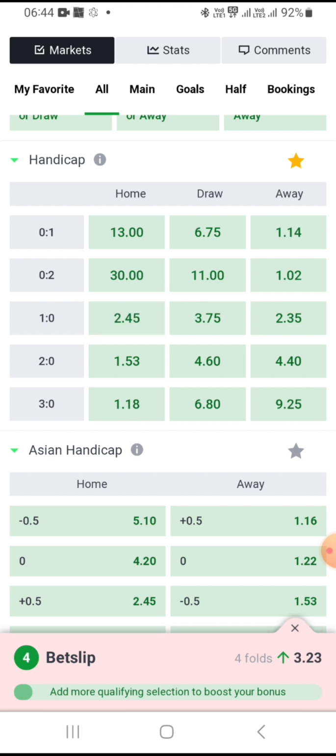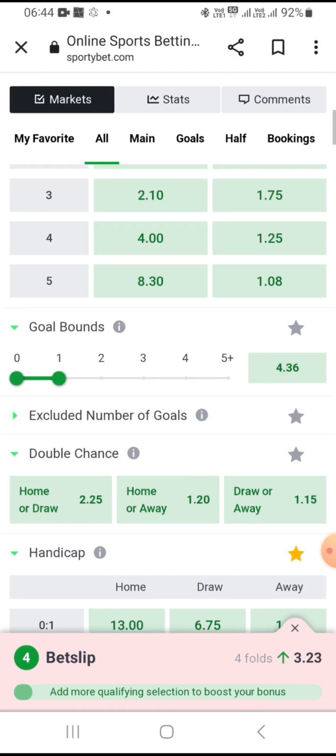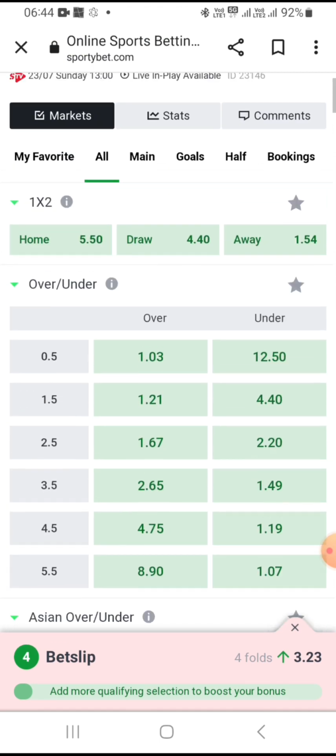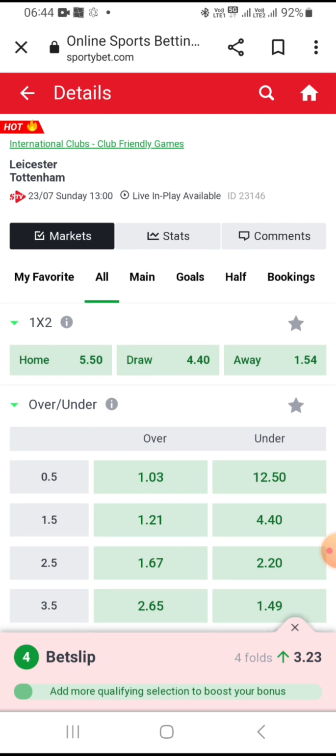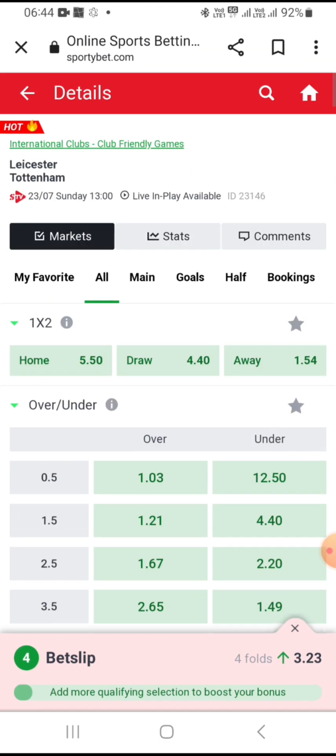So it's important for you to know that with this handicap, you are directing it. For example, you are checking the strength of these two teams. Under normal circumstances, if you know that Tottenham on record is stronger than Leicester City, you're always checking on the stronger team.